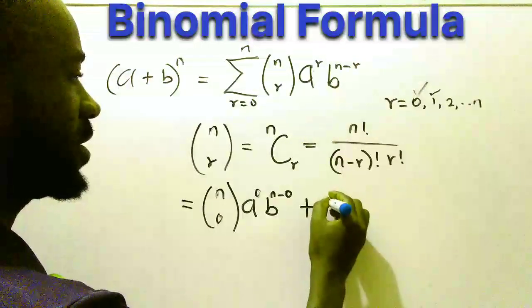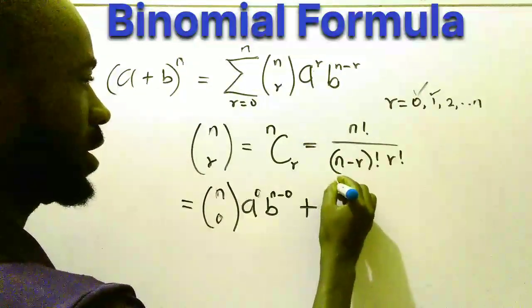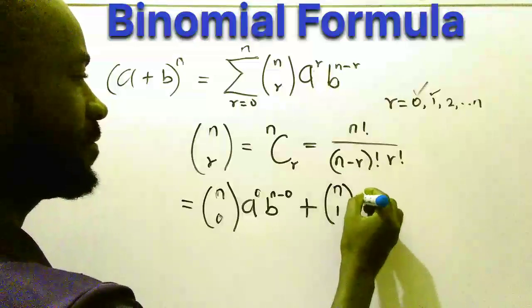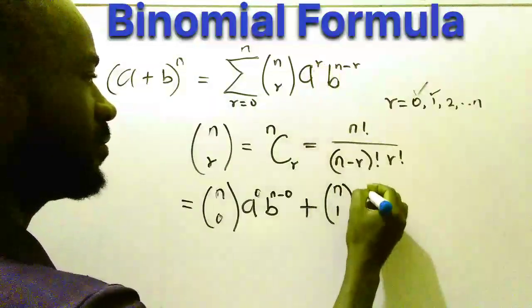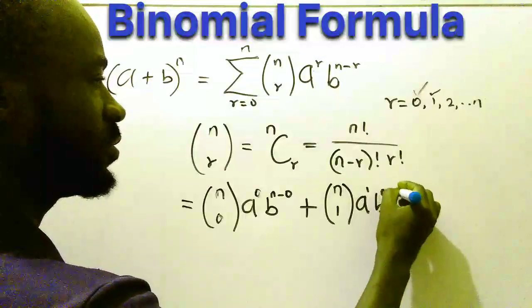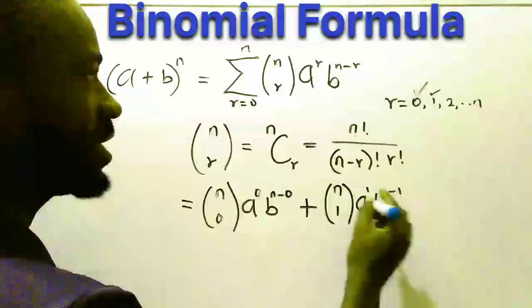So that gives us n combination 1, and then we have a raised to the power of 1, then b raised to the power of n minus 1. I'm done with that.